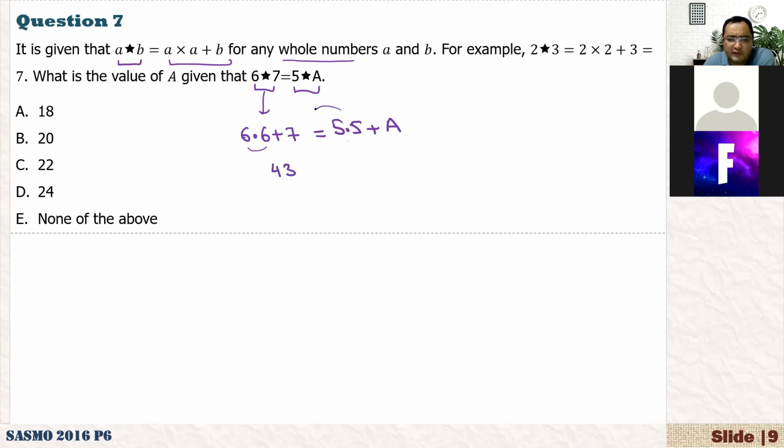And take 25 to the left-hand side. 5 times 5 is 25. Taking it to the left-hand side, it will be minus 25. That's equal to A. Now from here, what is A? A is equal to 18. So the value of A is 18.